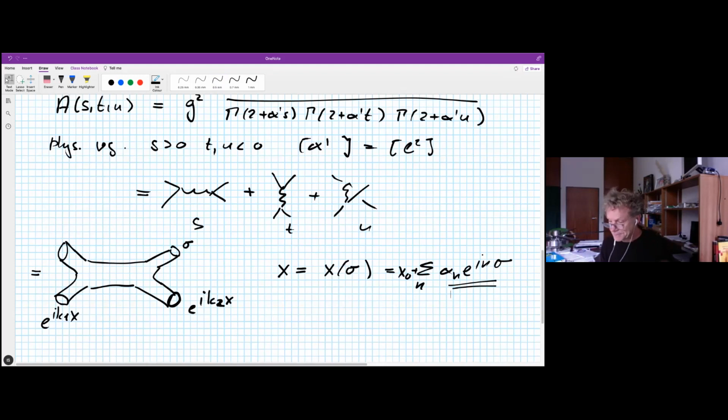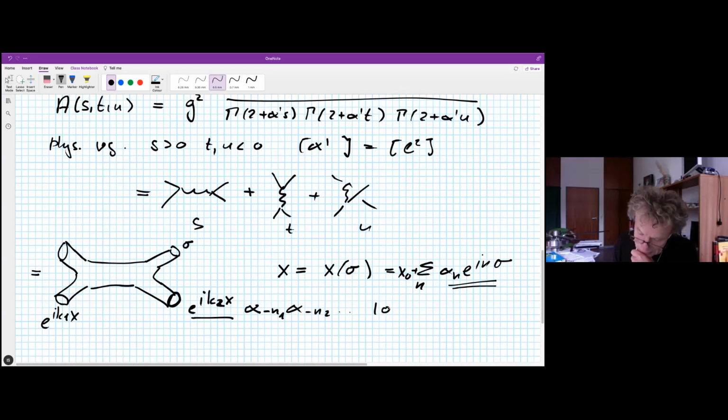Suppose you do, and then you define a state by taking these plane waves, and on top of it you act with these alpha n's, or actually I should say alpha minus n for n bigger than 0, alpha minus n1, alpha minus n2, and so on, on some Fock vacuum, just like you would do in a harmonic oscillator. In a harmonic oscillator, that's exactly what we do.